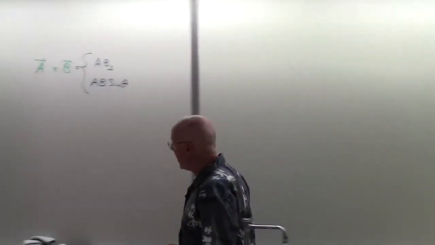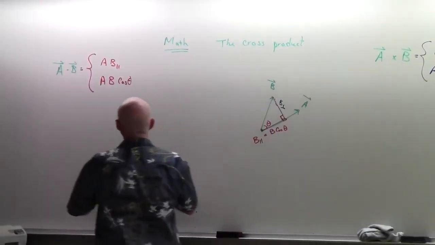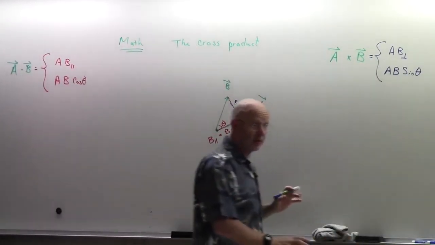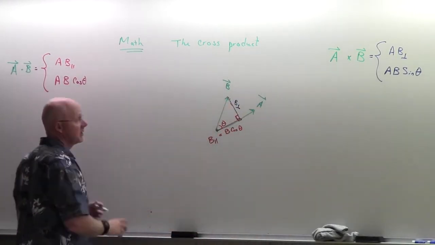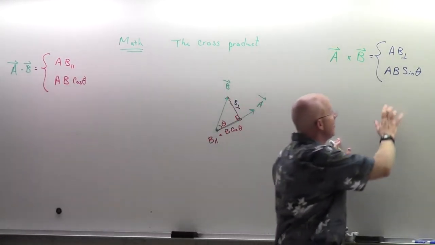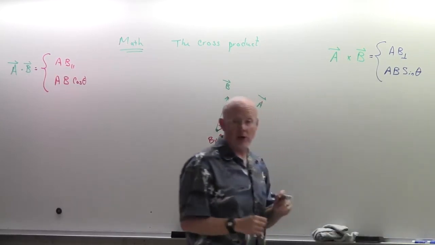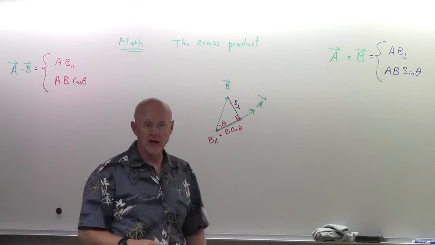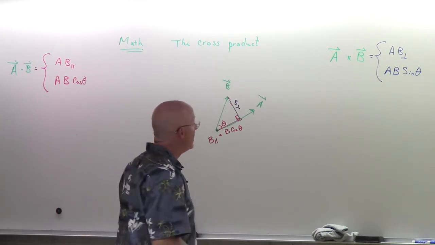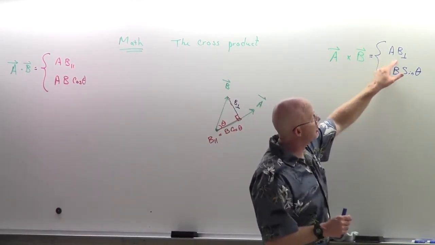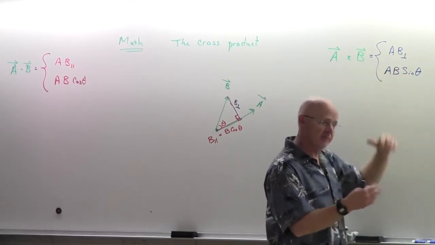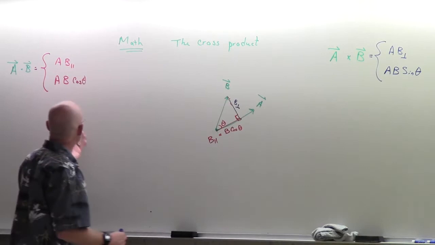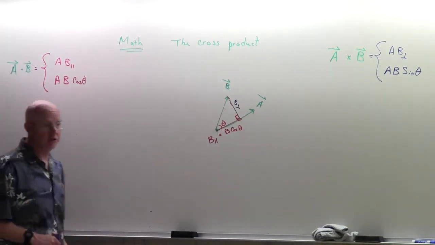And so right away you begin to see there is something very different about a dot product and a cross product. And the first thing that we see is that we use a sine of the angle between them instead of a cosine. And of course what that means physically is this one is telling us how much of the second vector is perpendicular to the first. That's what's important. Whereas over here, this is saying how much is parallel.